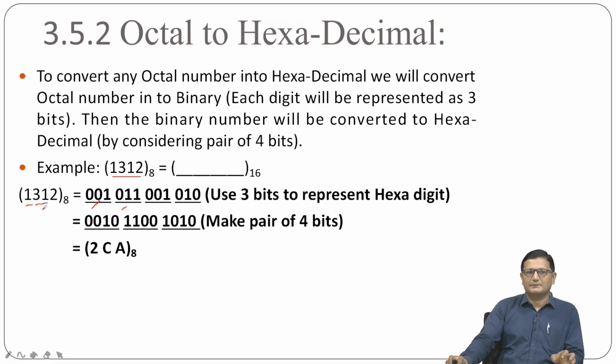I will again write the binary of this 1 in a 3 bit pair, and again this 2 is there. So, we will write it down in the 3 bit pair, it is 0 1 0, right. Now, we have to convert this octal number into the hexadecimal. So, in hexadecimal, one digit will represent 4 bits. So, now you need to make a pair of 4 bits, right.